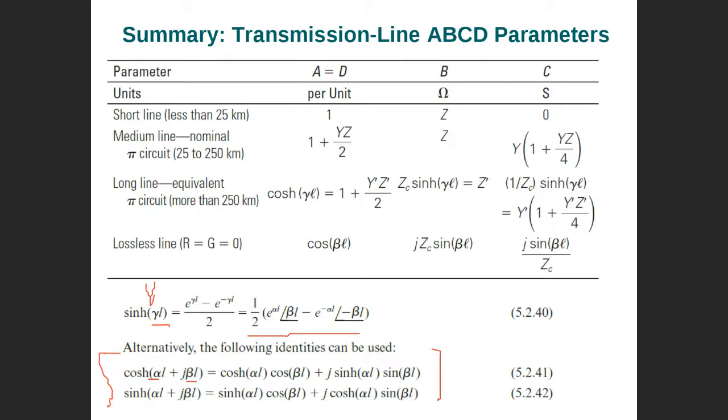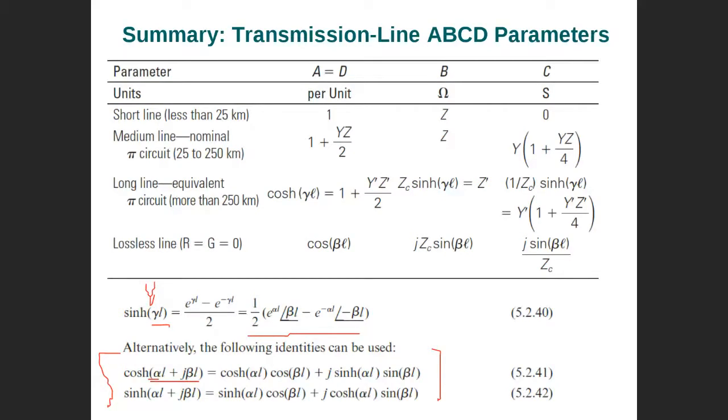Gamma, the propagation constant of the transmission line, will have a real part and an imaginary part. This is a complex number. If your calculator does this, that will be okay. But most of the calculators that you probably deal with will not have this.